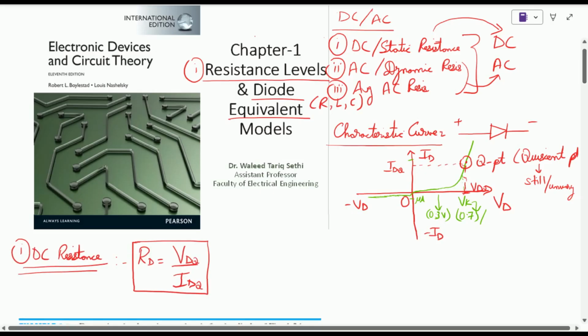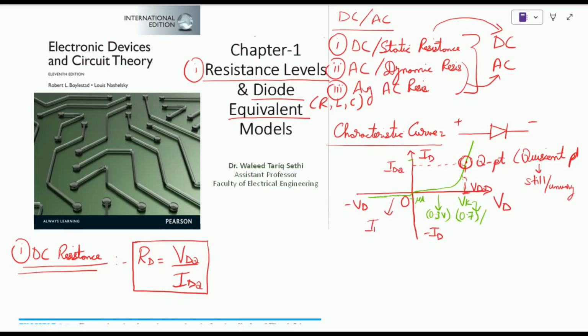So the point where this intersection happens is called the Q point, and from this Q point we can find the resistance. Obviously our point of concern will be the forward bias condition, when the diode is conducting and we are getting a certain output from its behavior. In the reverse bias condition, we know that the current is going to be very low as seen from here.